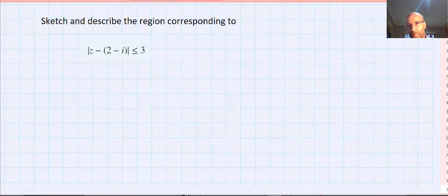Next we're going to sketch and describe the region corresponding to, here we go, a different one here. We've got modulus of z minus 2 minus i is less than or equal to 3.